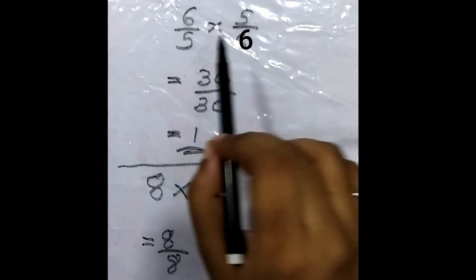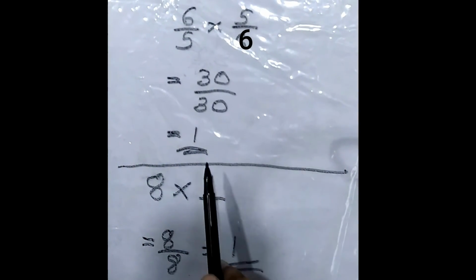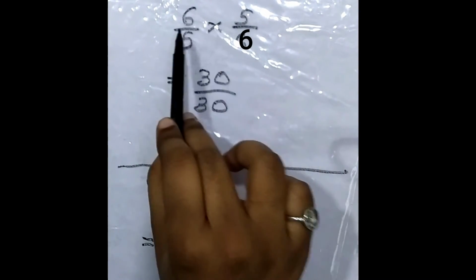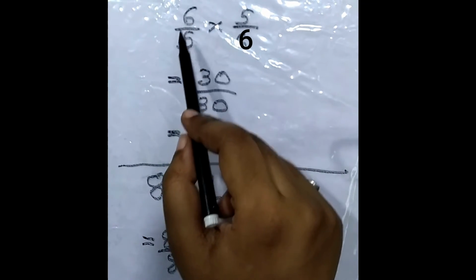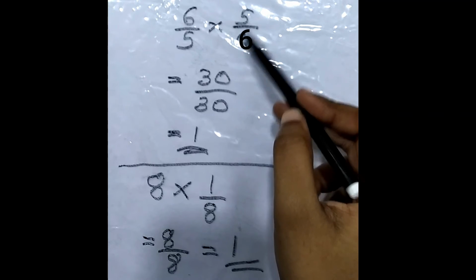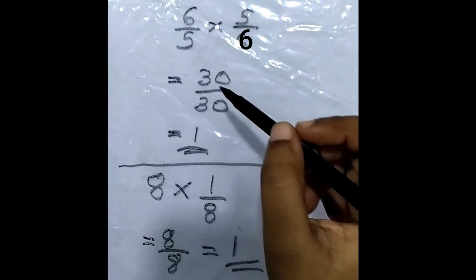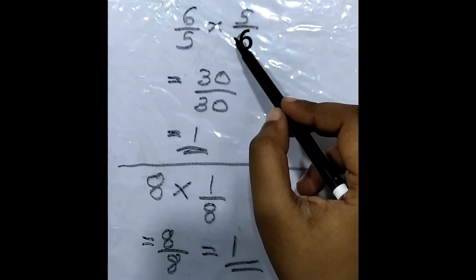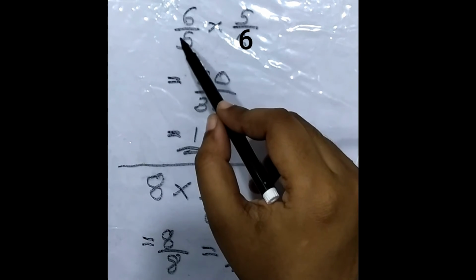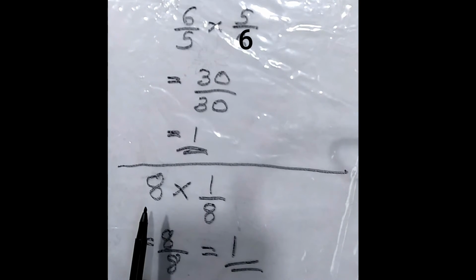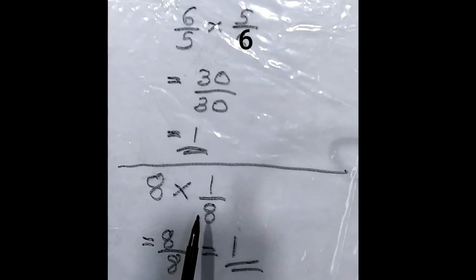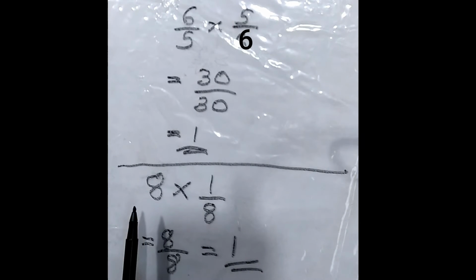When the product of two numbers is 1, then each number is called the reciprocal of the other. See here, the reciprocal of 6 upon 5 is 5 upon 6, and the reciprocal of 5 upon 6 is 6 upon 5. So the product is 1. So 8 is the reciprocal of 1 by 8 and 1 by 8 is the reciprocal of 8.